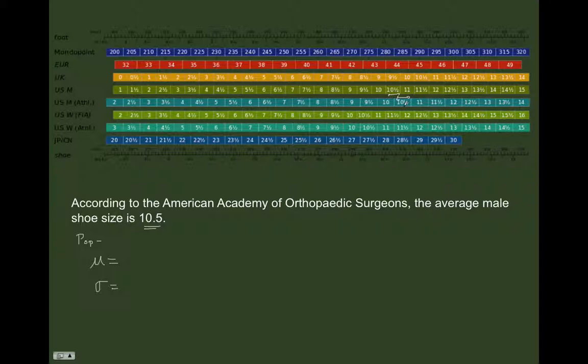If you've ever been shoe shopping, then I'm sure you realize that some brands run small, some run large. Looking at the top scale of this chart, which is the foot size corresponding to the shoe size, size 10½ shoes look like they roughly span 11 to 11¼ inches.